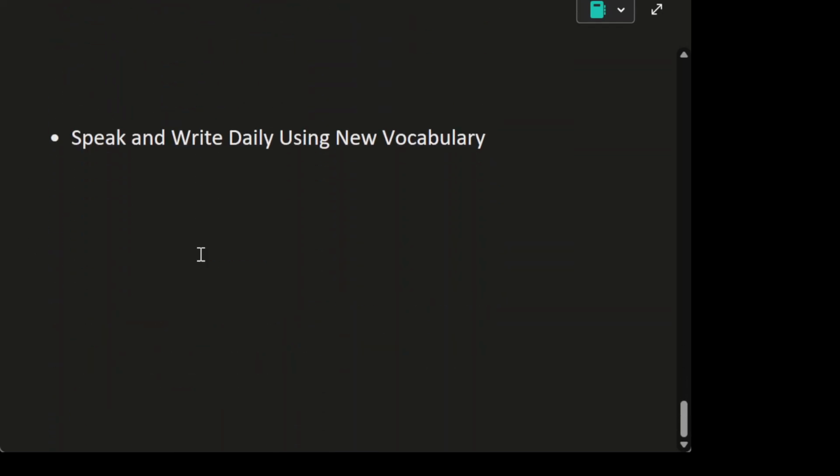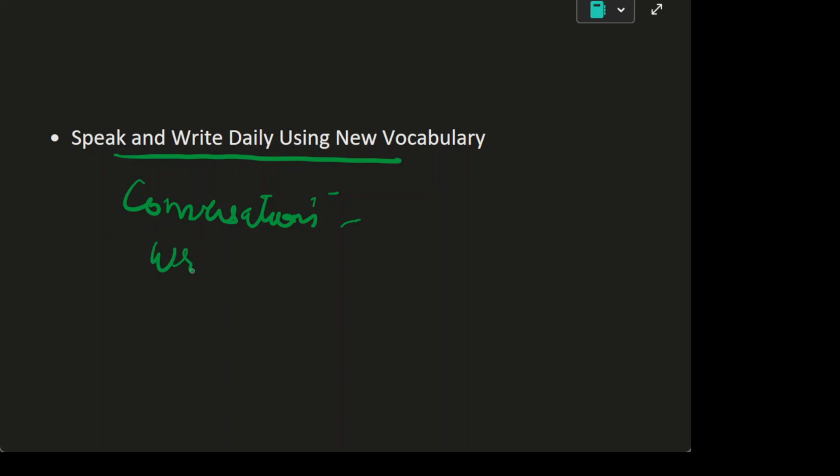Now let us go on to the next one, which is to speak and write daily using new vocabulary. If you do this, automatically it becomes a habit and it will be useful when you are attempting the test. You can incorporate new words into your conversation, and also into your writing.